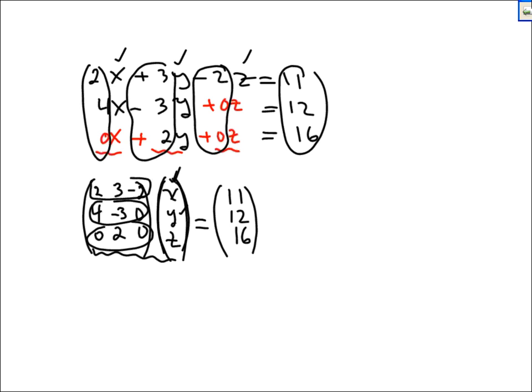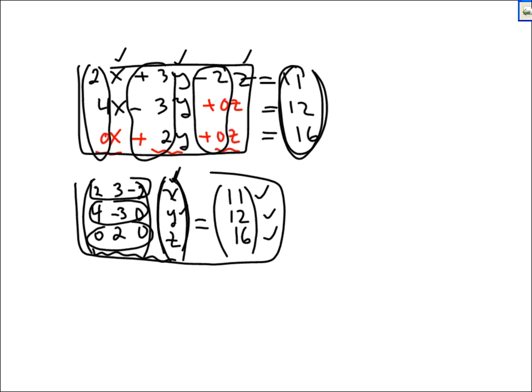And what you should get is exactly this. And here, that equals 11, 12, 16. You need to be able to go from the top 3 equations to this matrix equation here. And then even a little bit more.